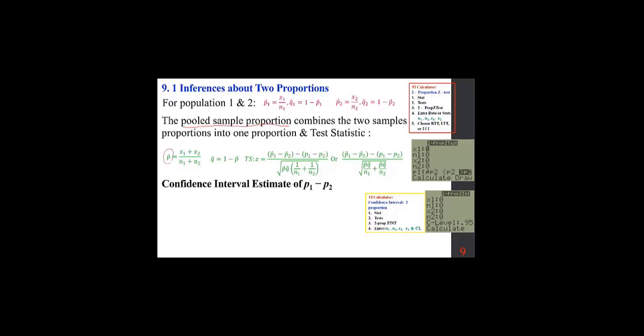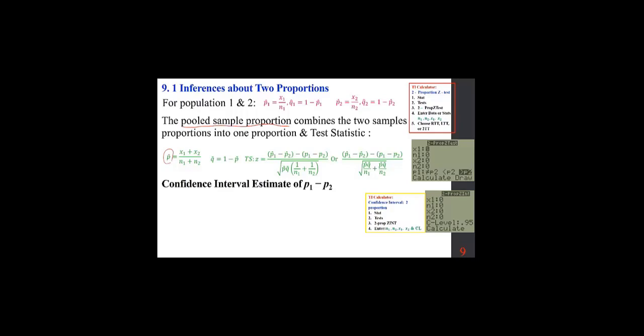And for the test statistic, we use that one. So take a look at the formula. z is p1 hat minus p2 hat minus the parentheses p1 minus p2, over the denominator. Now, the way you write the denominator, look at the first one versus the second one.